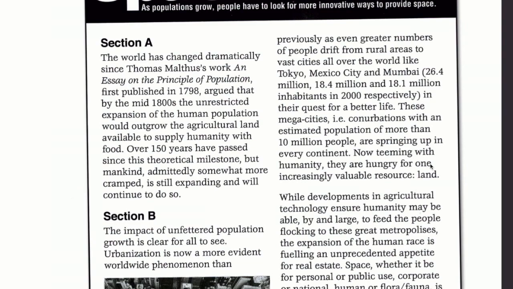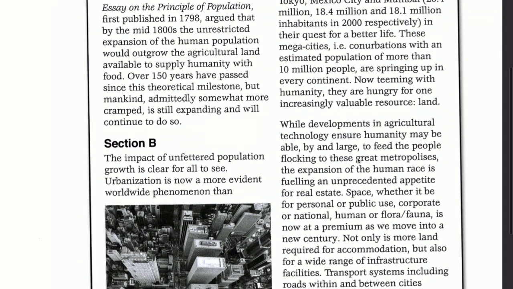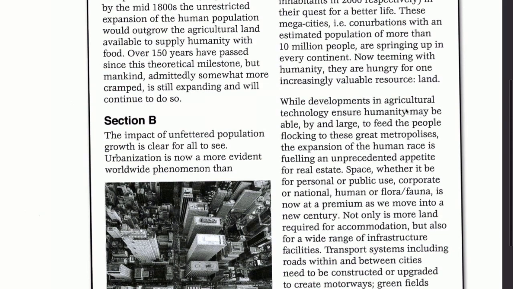These mega cities, that is, conurbations with an estimated population of more than 10 million people, are springing up in every continent. So here you can see that the writer is giving some details regarding how this overgrowing population has affected space. While developments in agricultural technology ensure humanity.